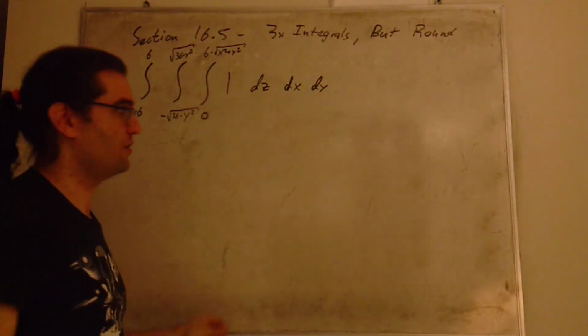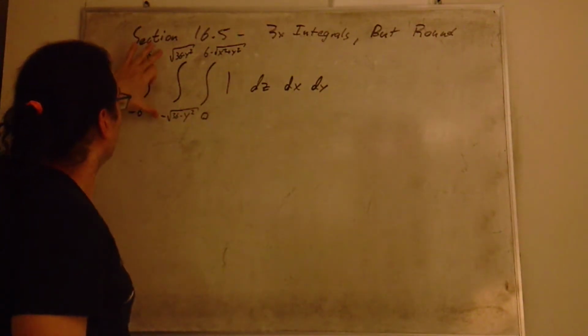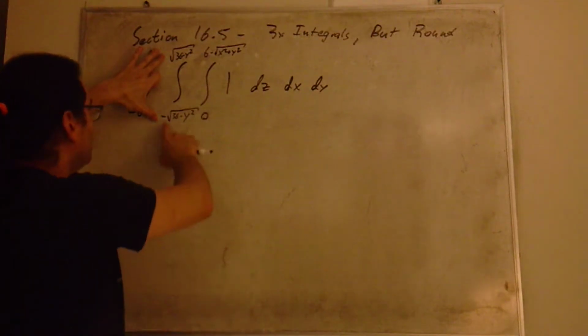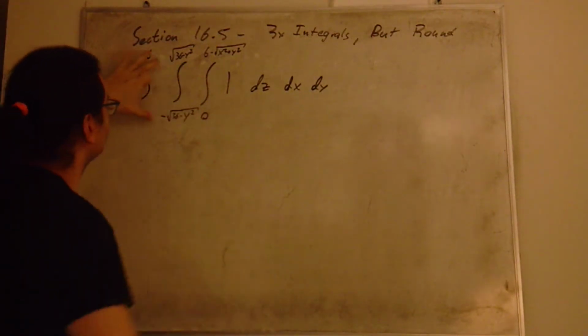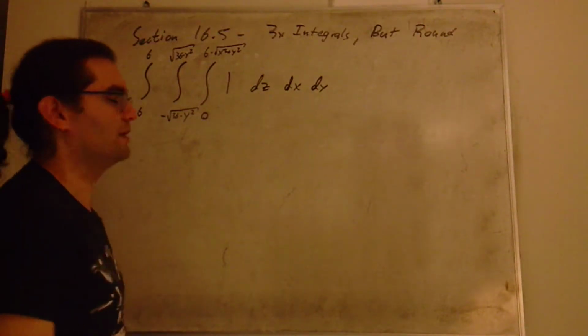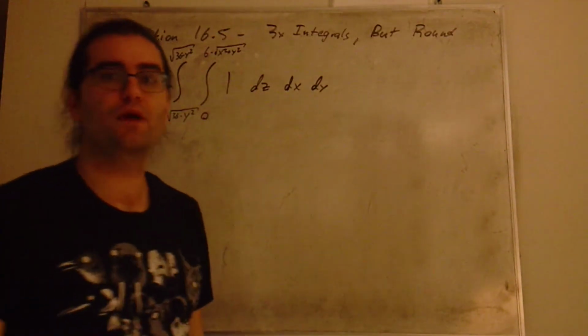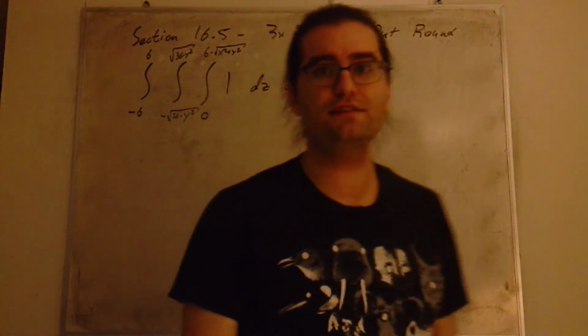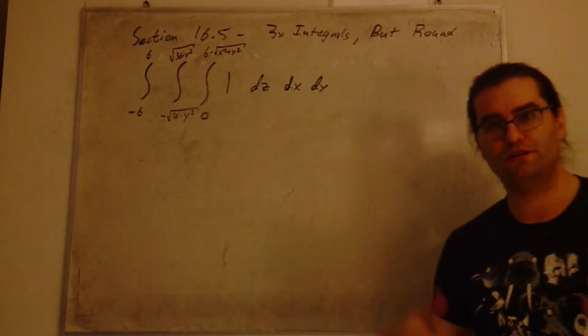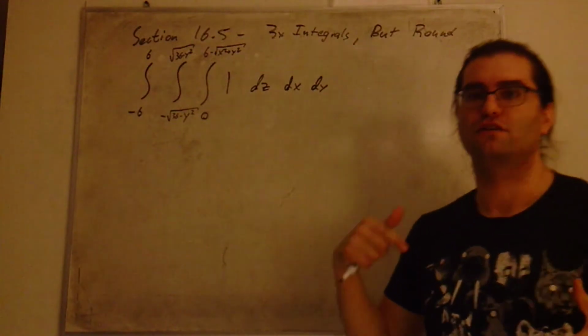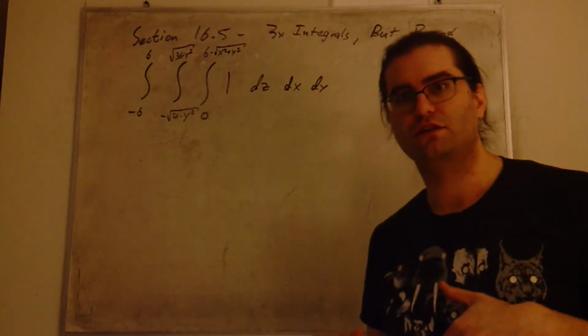That's what makes it a cone. And it goes out to a circle of radius 6 on x and y. So we can pretty easily transform this thing into a triple integral in cylindrical coordinates.